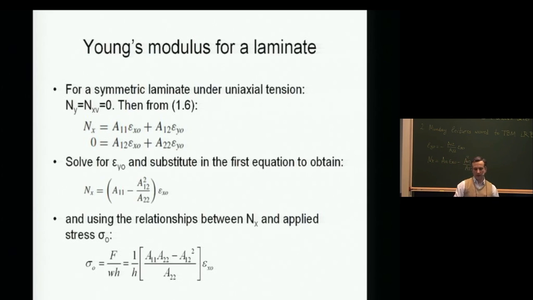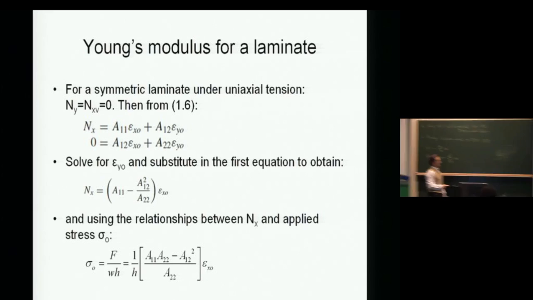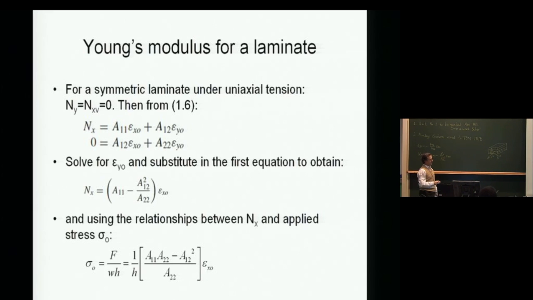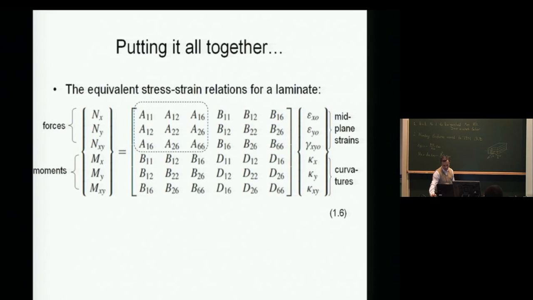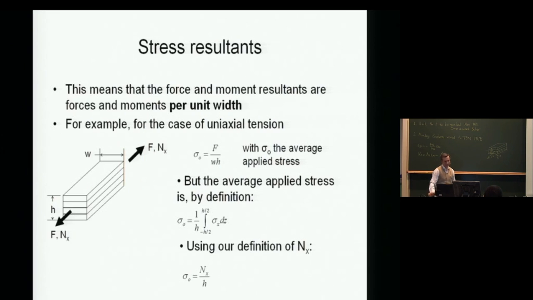But we said before that there's a relationship between the average stress and Nx: sigma 0 is Nx over h, and sigma 0 is also F over wh.